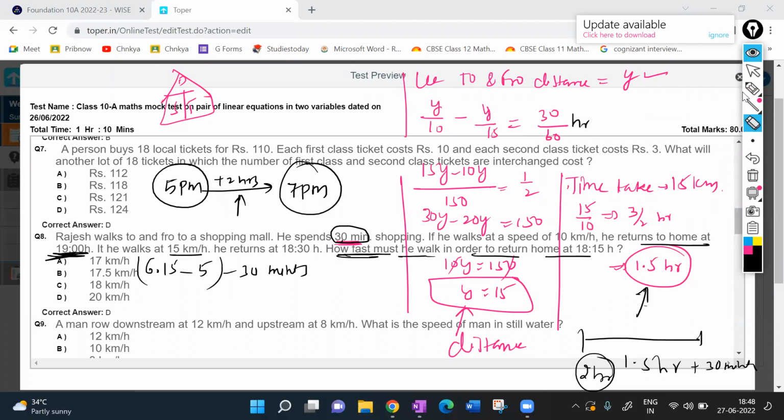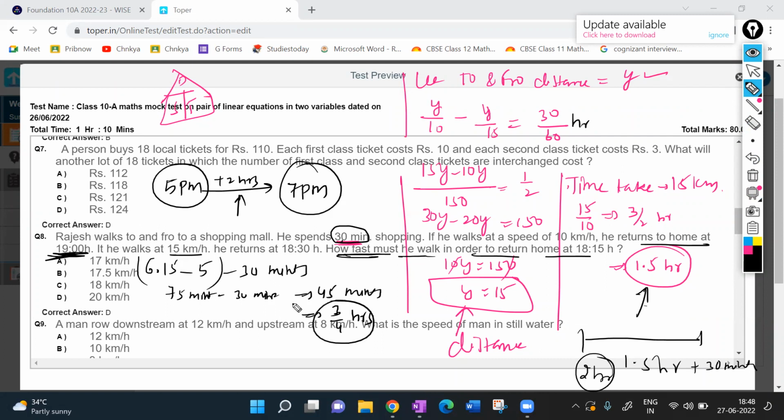So here you will get 75 minutes, and 75 minutes minus 30 minutes is a total of 45 minutes, which you will write as 3 by 4 hour.